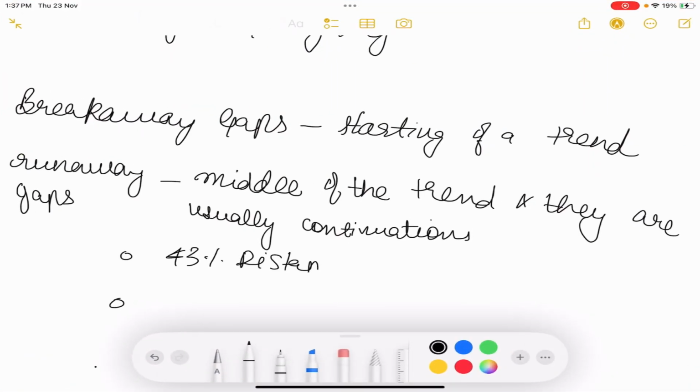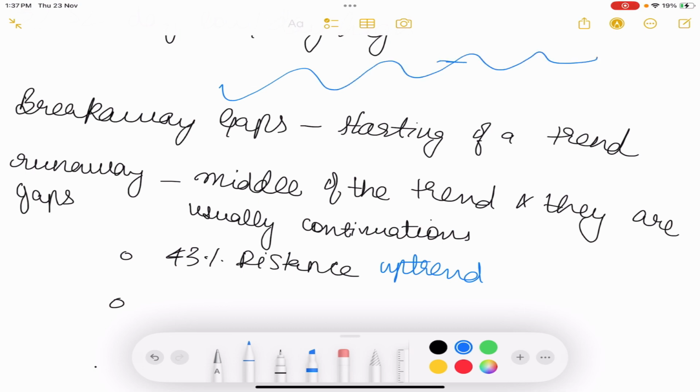It happens at 43% of the distance from when the uptrend has begun. Let's say this is my uptrend. If this is the 43% from the beginning of the trend, then here the gap will occur.